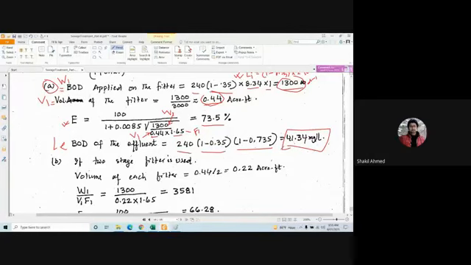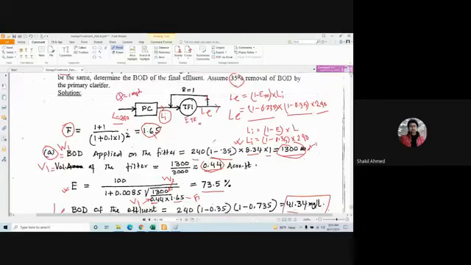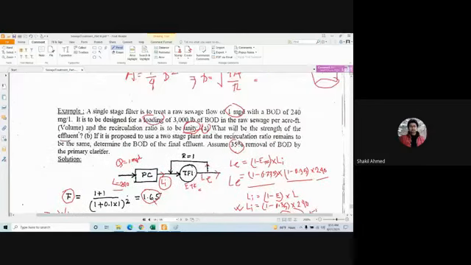Now in the last part, they are asking: if it is proposed to use a two-stage plant, that means instead of one trickling filter you are using two trickling filters, and the recirculation ratio remains the same, that means R equals 1, unity, determine the BOD of the final effluent.